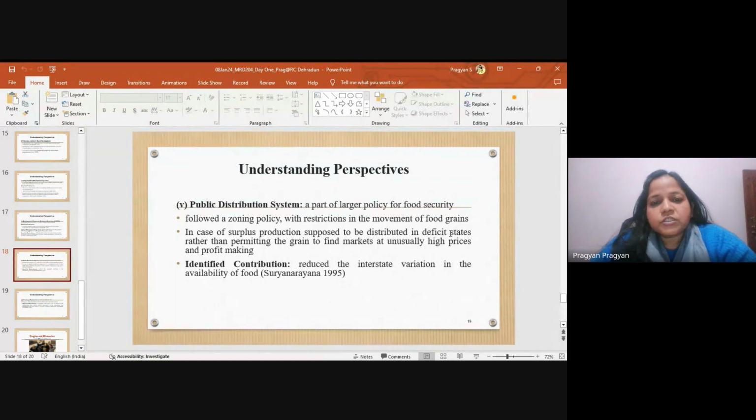From 2020 to 21 and then again to 22, we have seen how in a critical situation this national level public distribution system was able to feed the larger population of India. So it was a very different kind of observation in a crisis.